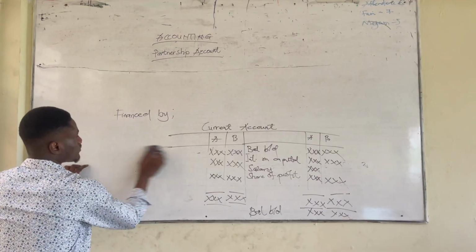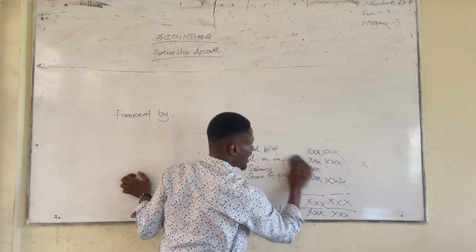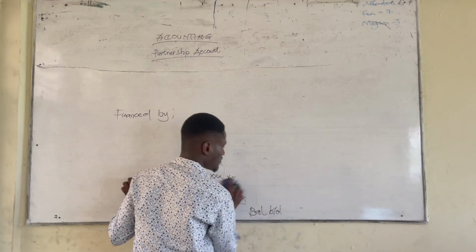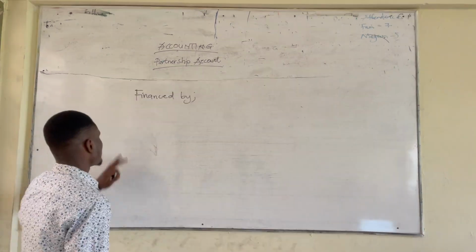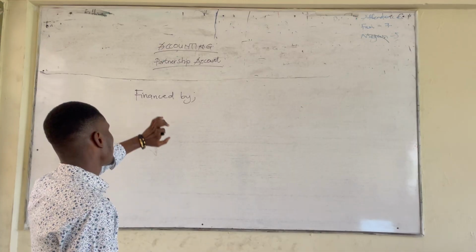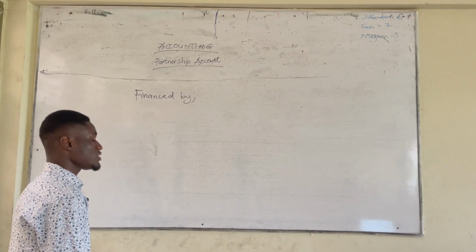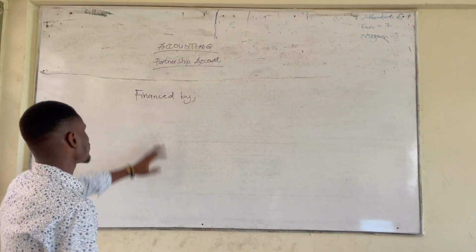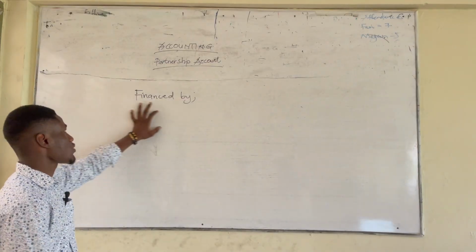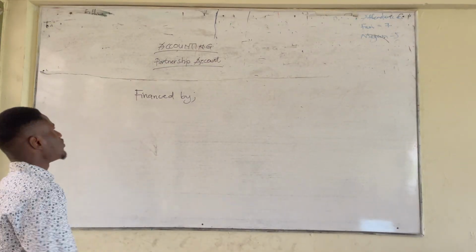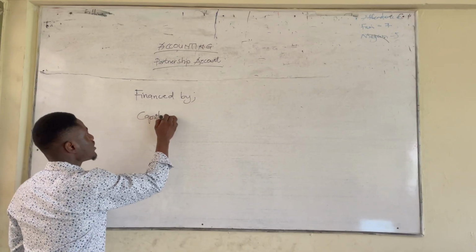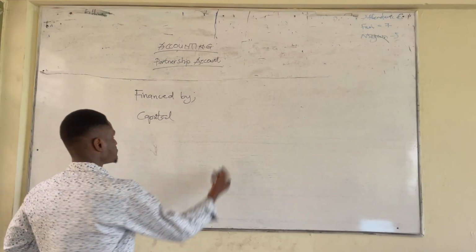Good. So we've known how to go about the current account and the capital account, which is the main difference. So this is the only difference between the partnership account and the sole proprietorship. In the sole proprietorship, when we are recording our finance by, we have capital because it's only one person.